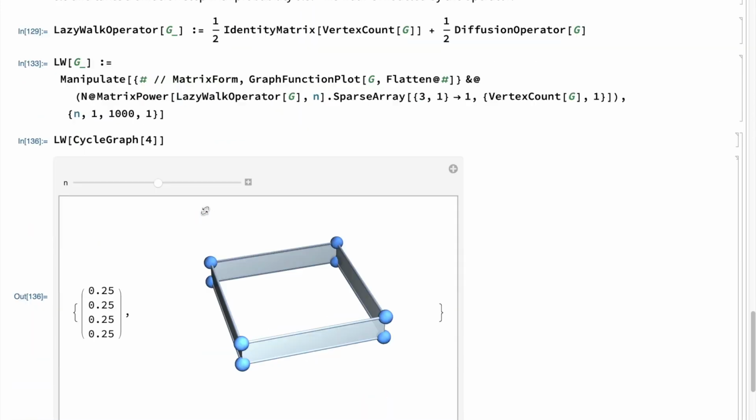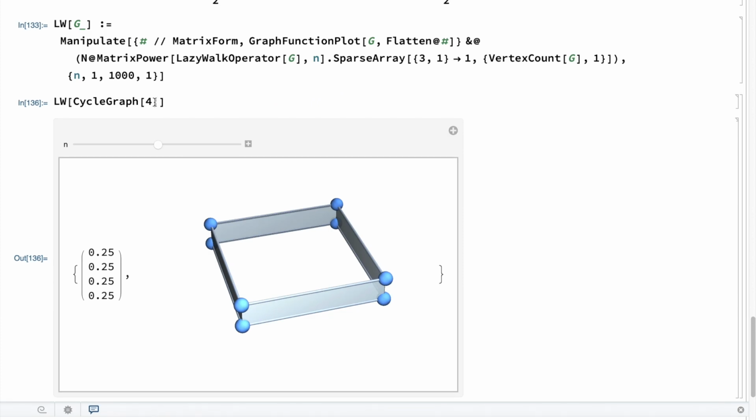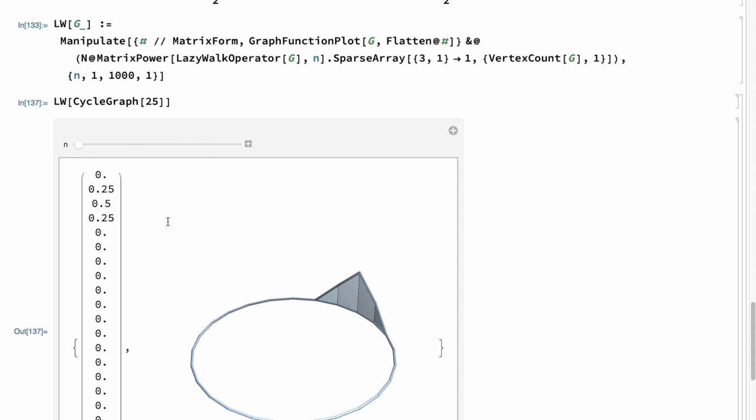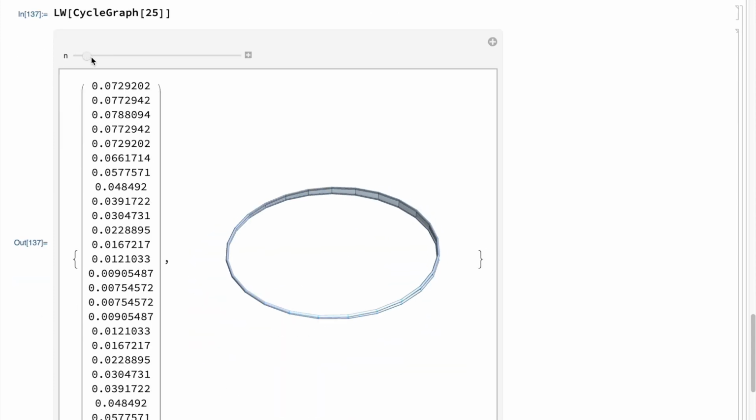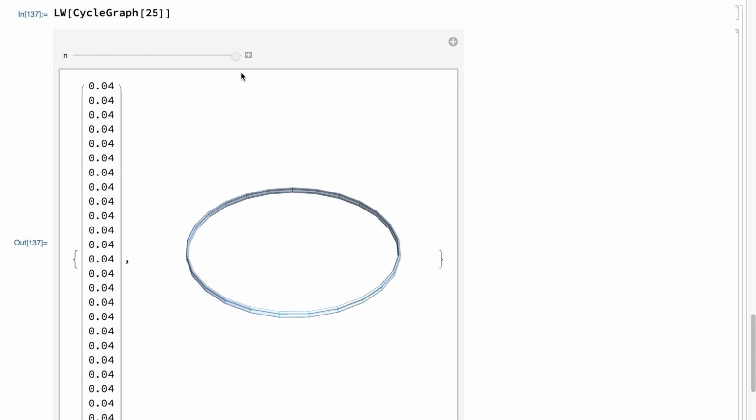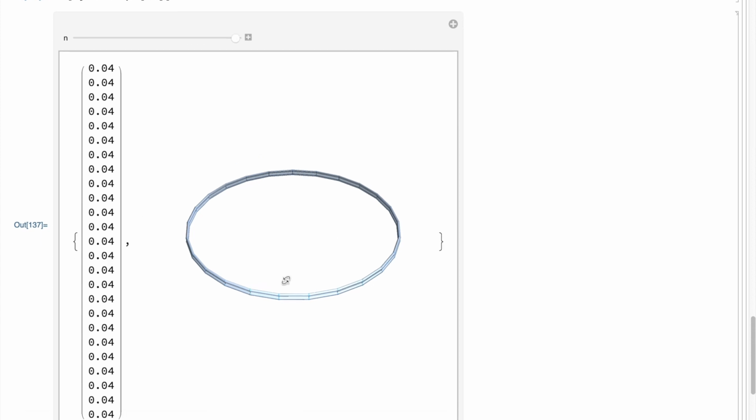Of course, this will still happen if I take a larger cycle graph. And in fact, it happens faster than it does for the path graph. So by 1,000 steps, at least up to numerical precision, I have the same 4% chance of being in any one of the 25 different locations.